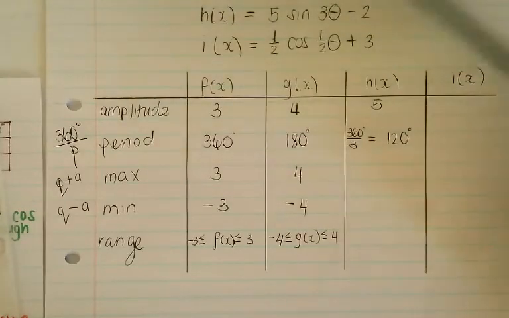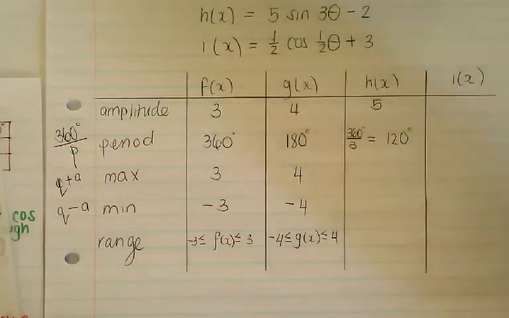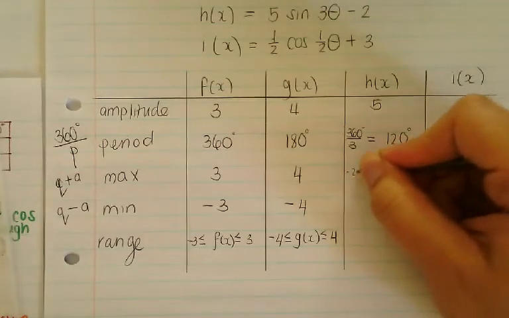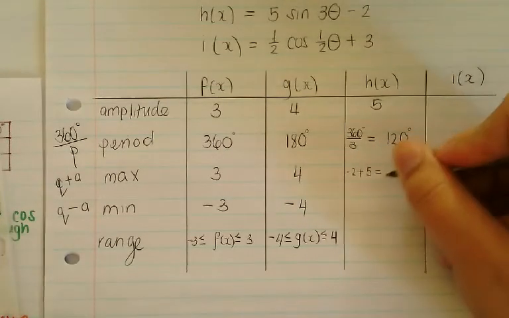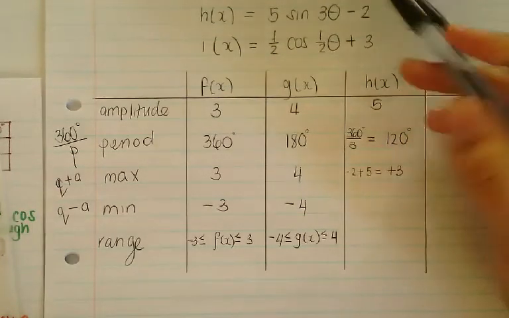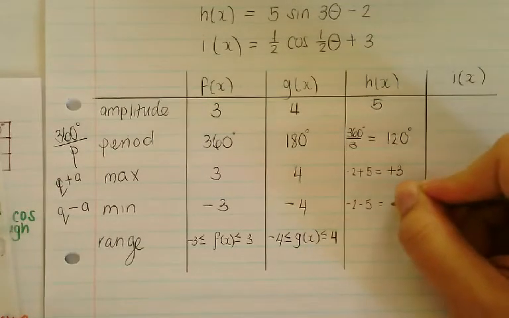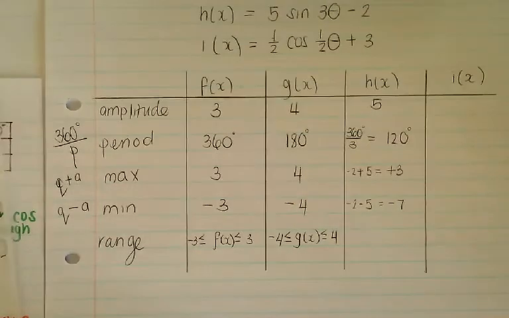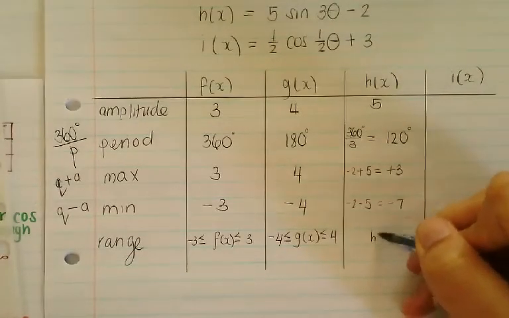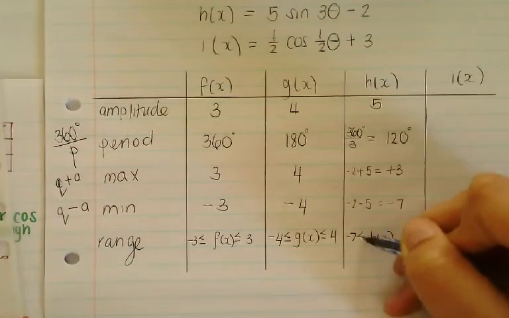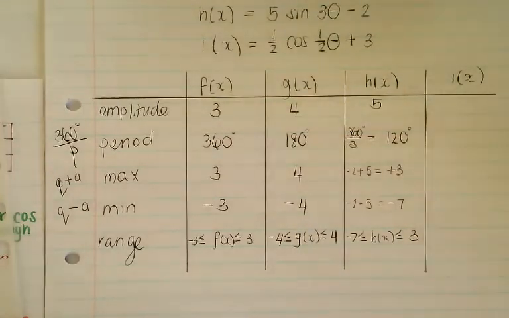Okay, it's kind of a tricky one. -2 plus 5 gives me the positive 3. And -2 minus 5 is -7. So what are my minimum and maximum values? My graph will oscillate between -7 and 3.